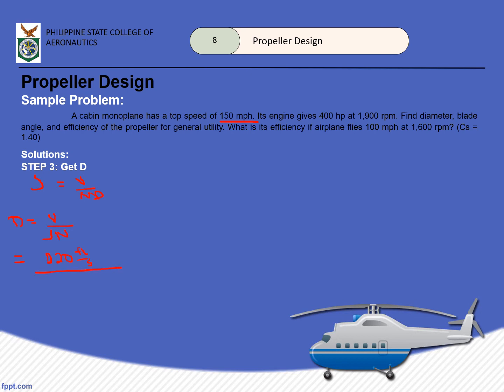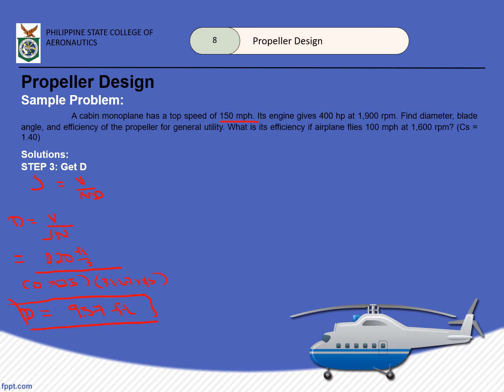Then, all over yung ating advance ratio, which we got from the curve, 0.725, multiplied by our N in revolutions per second, which is 31.67 RPS. That would give us a diameter of 9.57 feet. So, now na nakuha na natin yung ating blade angle and diameter.